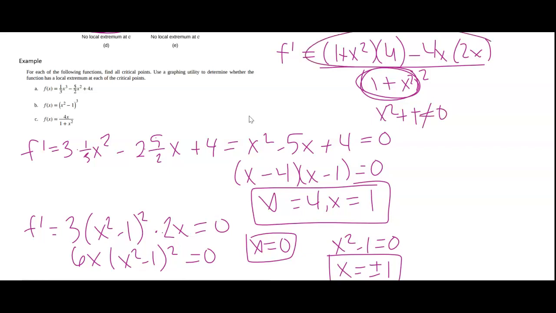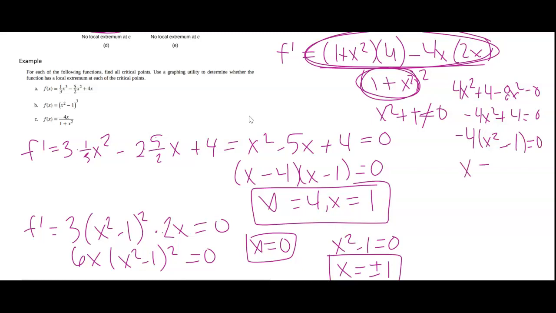So let's just look at the top here. I have 4x squared plus 4 minus 8x squared. And I want to know, when is that 0? Negative 4x squared plus 4 equal to 0, so x squared equals 1.